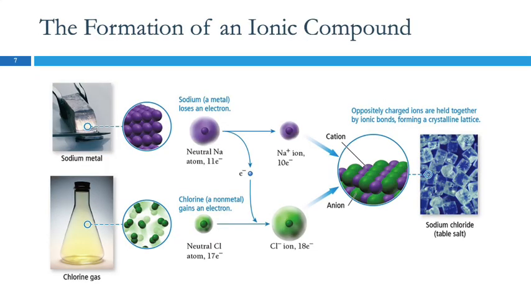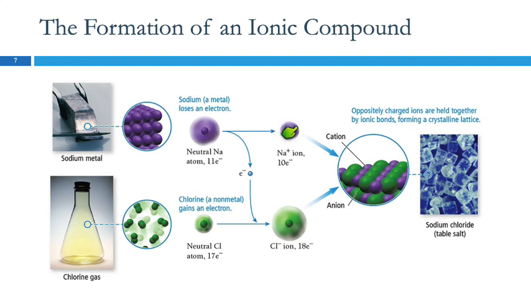Here is the formation of sodium chloride in pictures. So sodium metal, we've got sodium atoms, and chlorine gas, we have these chlorine molecules here. So a sodium atom can lose an electron and give that electron to a chlorine atom.